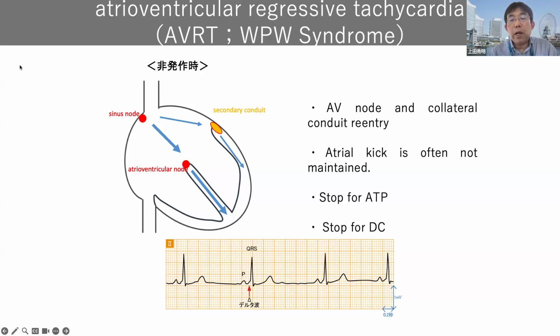But the circuit will react to ATP and it will stop.